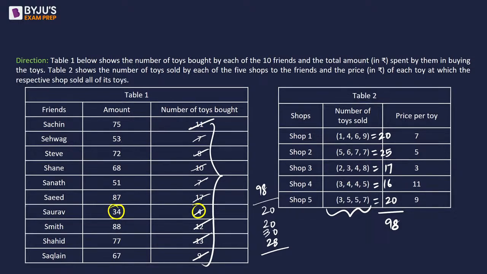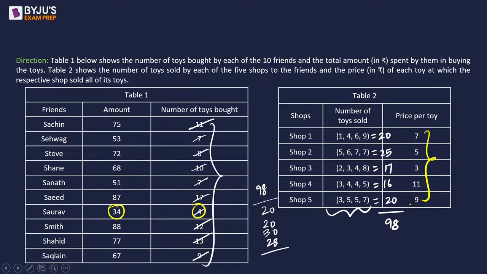So that would mean, how can we get 34 rupees using 4 toys? Now, he may buy one toy of 7 rupees, another toy of 5 rupees, that is 12, another toy of 11 rupees. So this 34 has to be a combination of these 5 numbers, right?